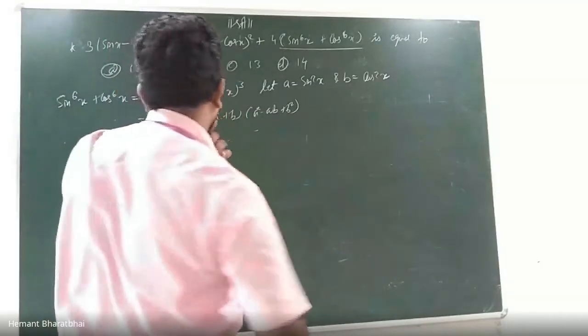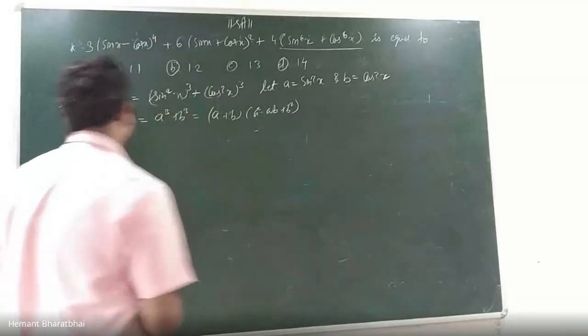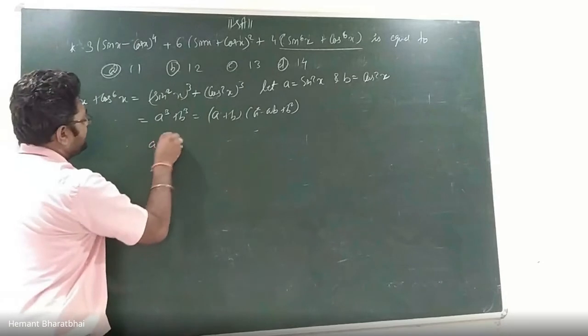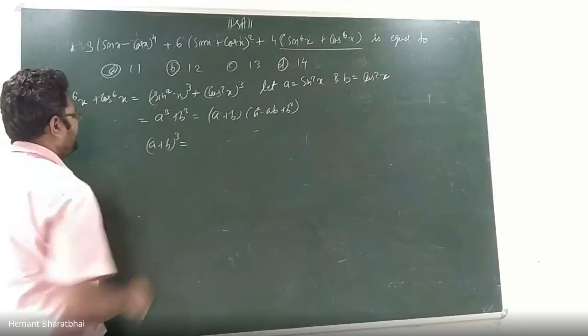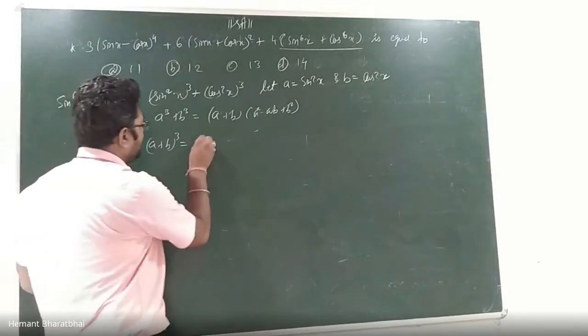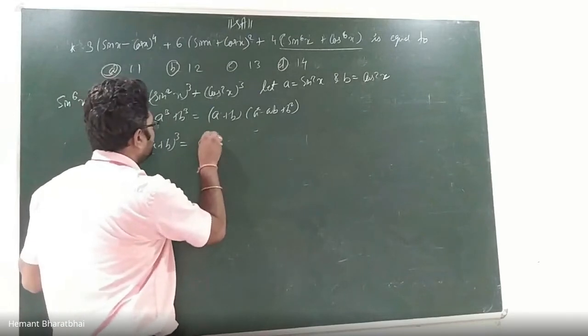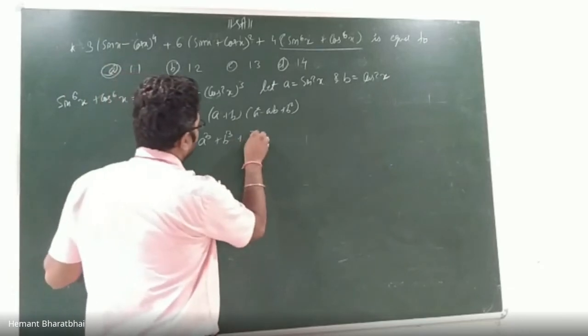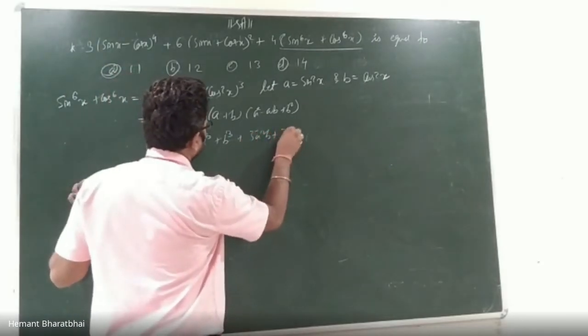Or there is one more way of writing: if I have A plus B the whole cube, by formula it can be written as A cube plus B cube plus 3A square B plus 3AB square.